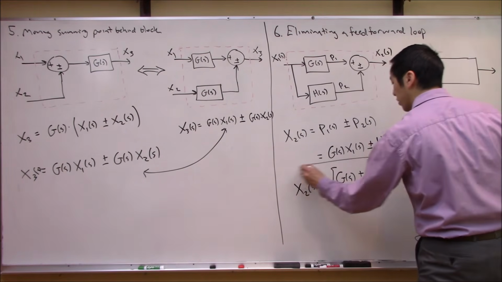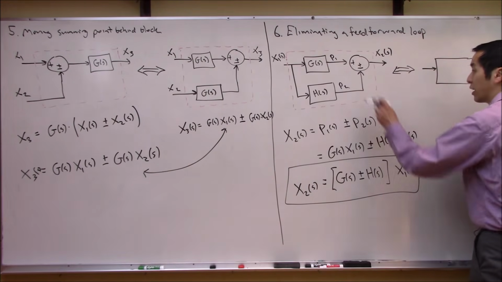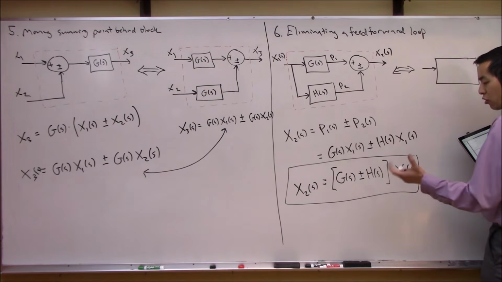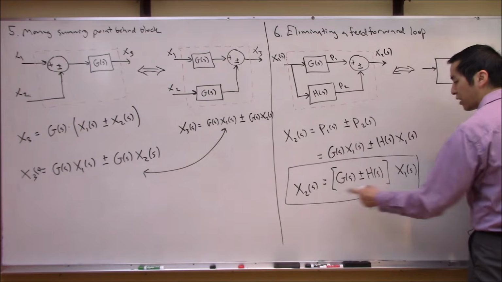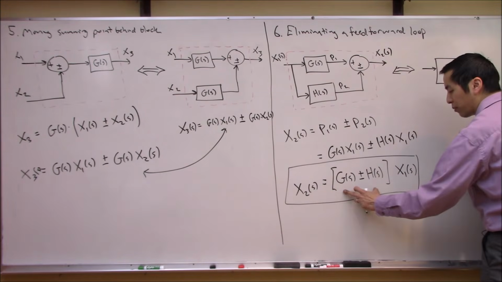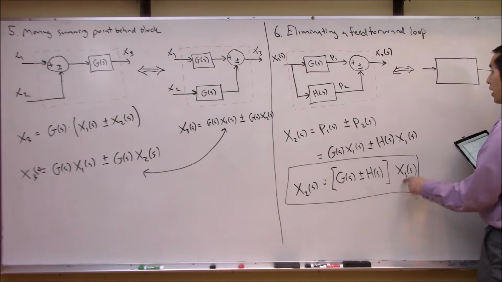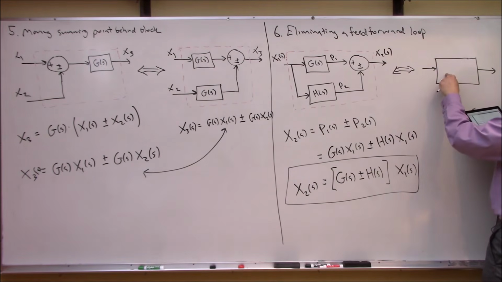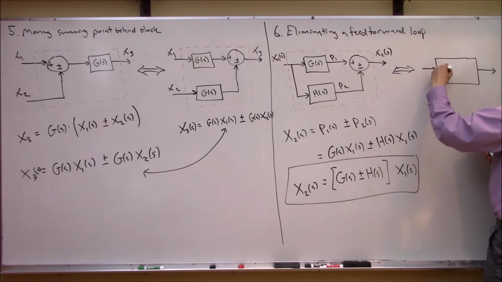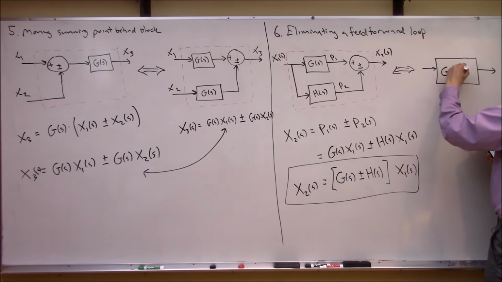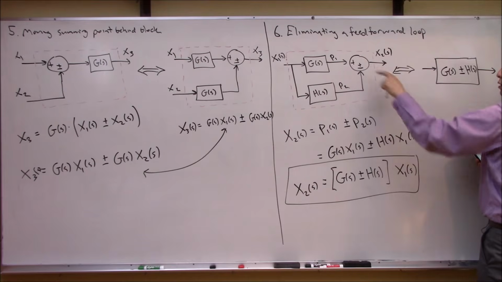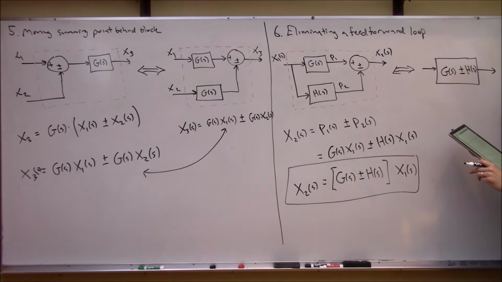Here's our result here, right? Here's the input-output relationship of this single block here. So we see that, you know what? To get the output of the block, you multiply this combined transfer function by the input here, right? So what this thing right here is, we see this is nothing more than g of s plus or minus h of s, right? And again, the plus or minus matches with this plus or minus here, right?